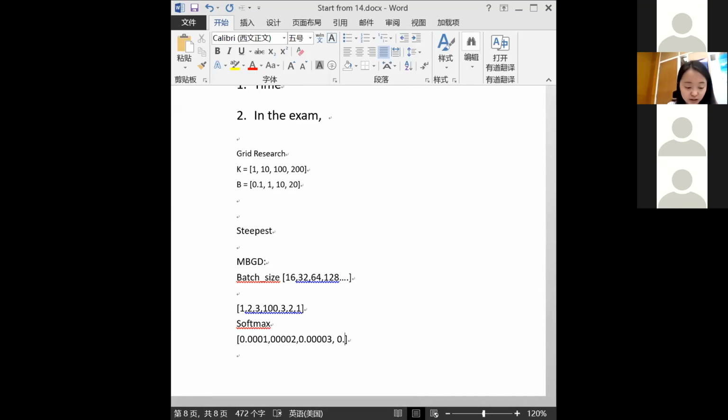Here this may equal 0.98. And if we add all these elements together, the final result will be 1. So it's just like a probability.